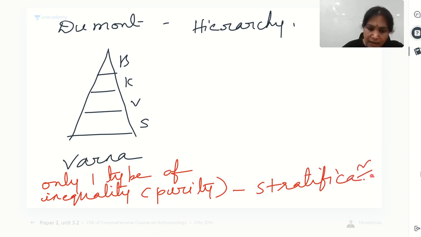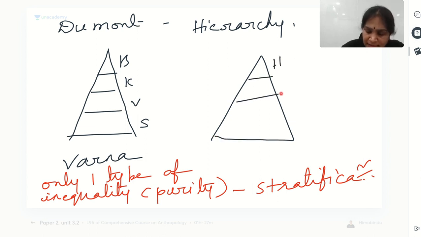Okay, then I'll give you one more example. Higher class, higher middle class, poor people. Here also only one type of inequality, that is wealth. Is it clear? So here also, in both the cases, I'll put an arrow mark like this.